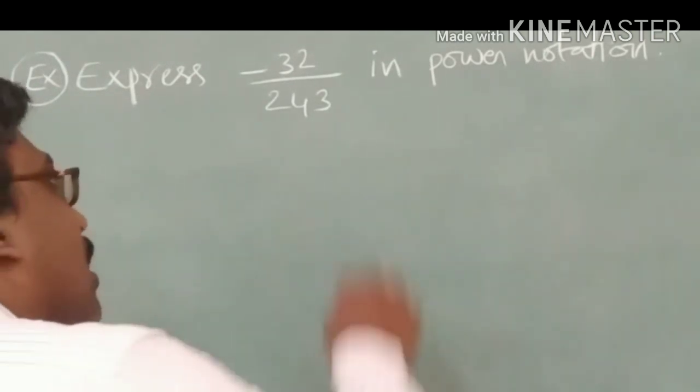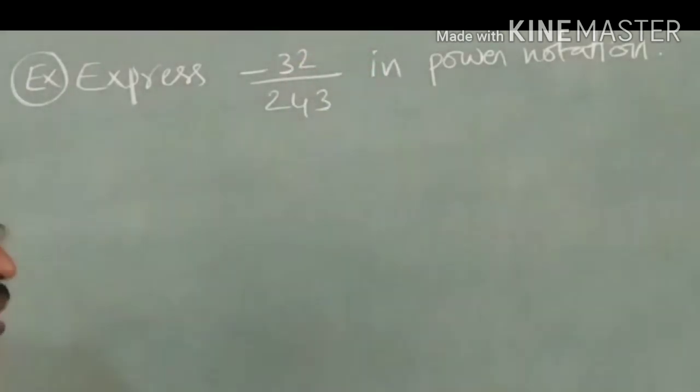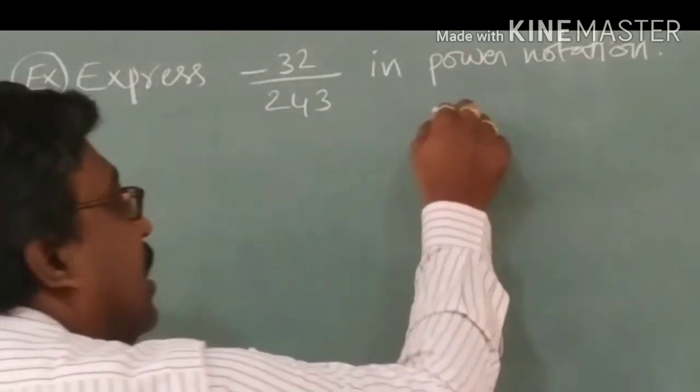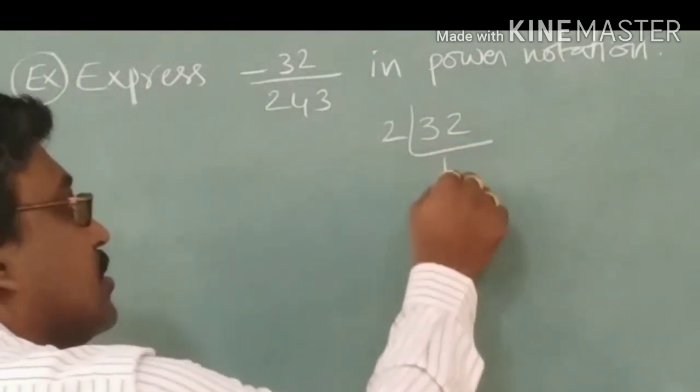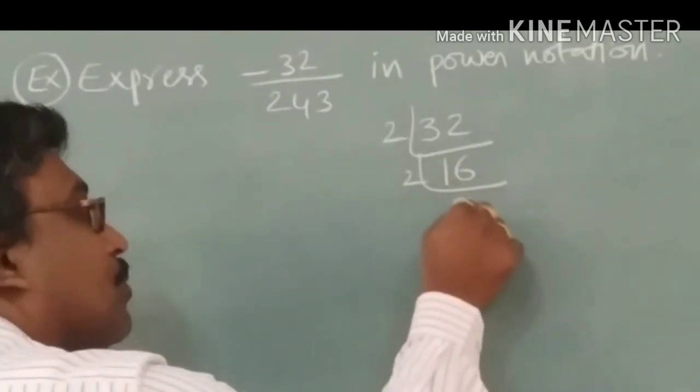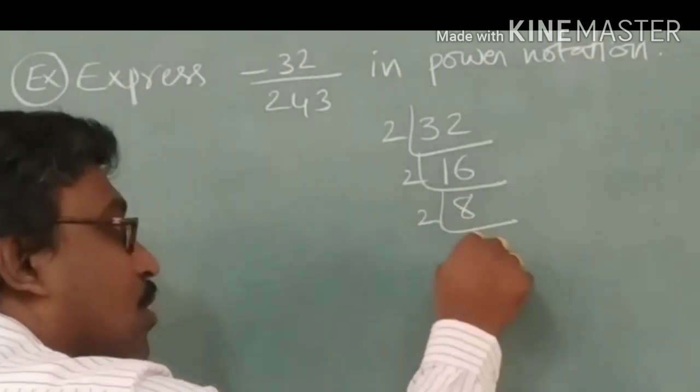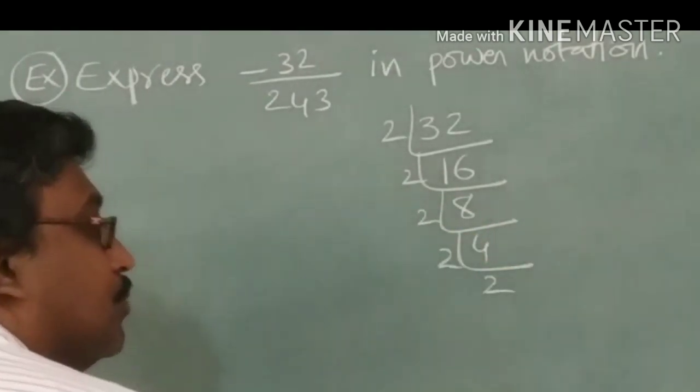Here 32 and 243 are composite numbers. They are not prime numbers. So 32 under prime factorization: 2 times 16, again 2 times 8, 2 times 4, 2 times 2.